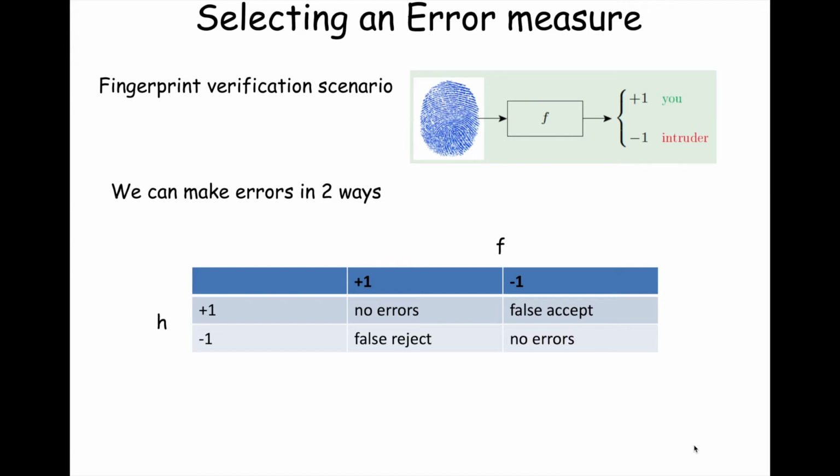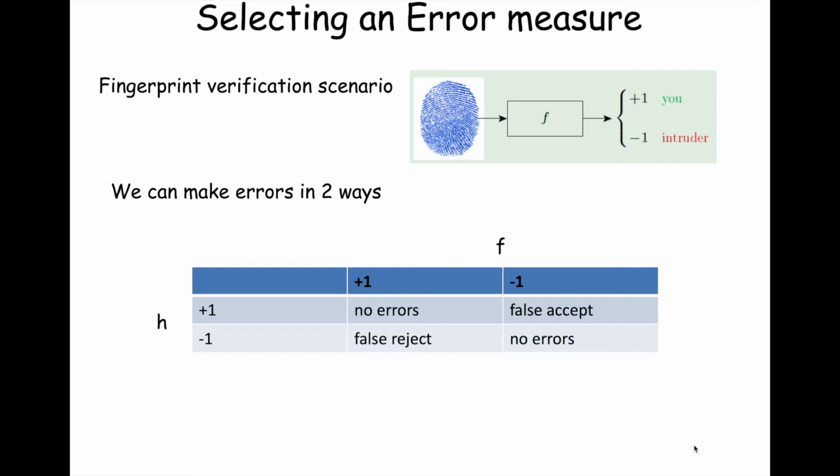There's no error. Now, what is of interest is the anti-diagonal, so off diagonal here. That would be position 2, 1 and position 1, 2. So let's first take a look at what happens down here. Down here, that's called a false reject. What it says is ground truth, you belong, you should be admitted, but the current working hypothesis, h of x, says no, you are denied.